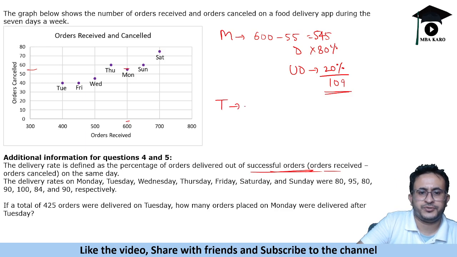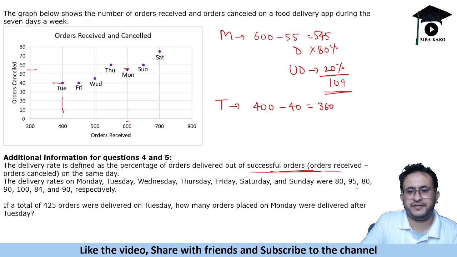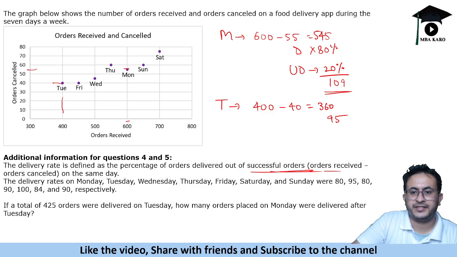Now what happens on Tuesday is we have 400 orders, and 400 minus 40, that is successful orders 360. And how much are we delivering? We are delivering 95%. That means 5% less, 5% is 18.